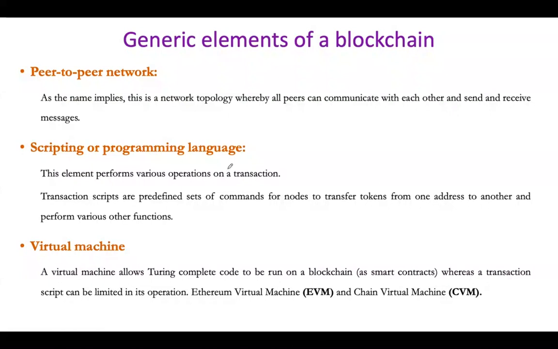This element performs various operations on transactions. The transaction scripts are a predefined set of commands for nodes to transfer tokens from one address to another and perform various other functions, like a Turing complete programming language.